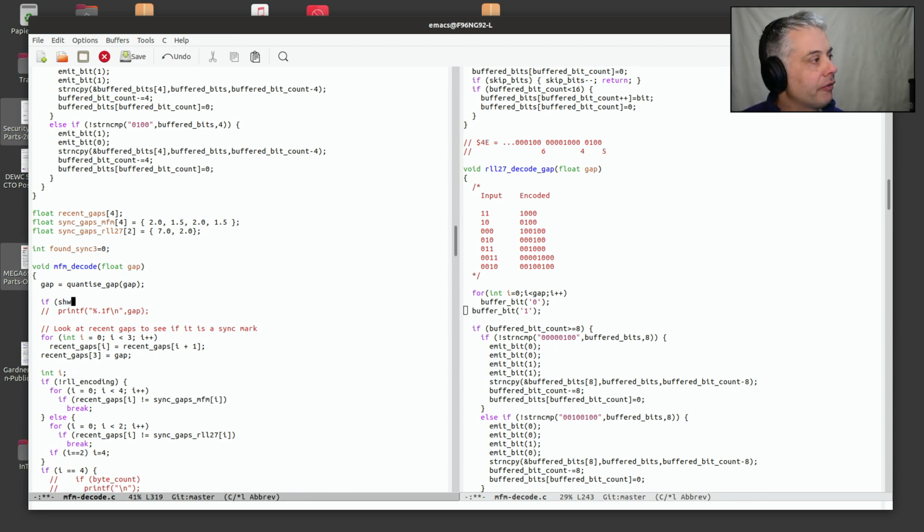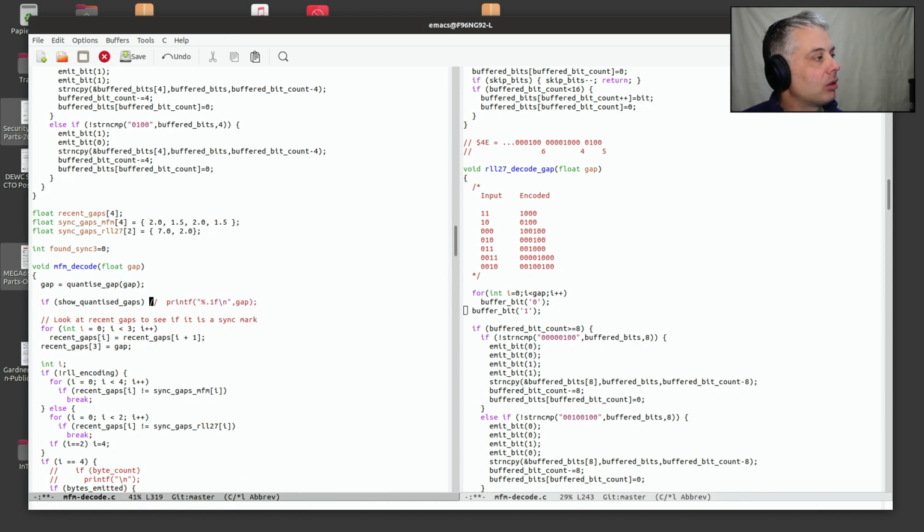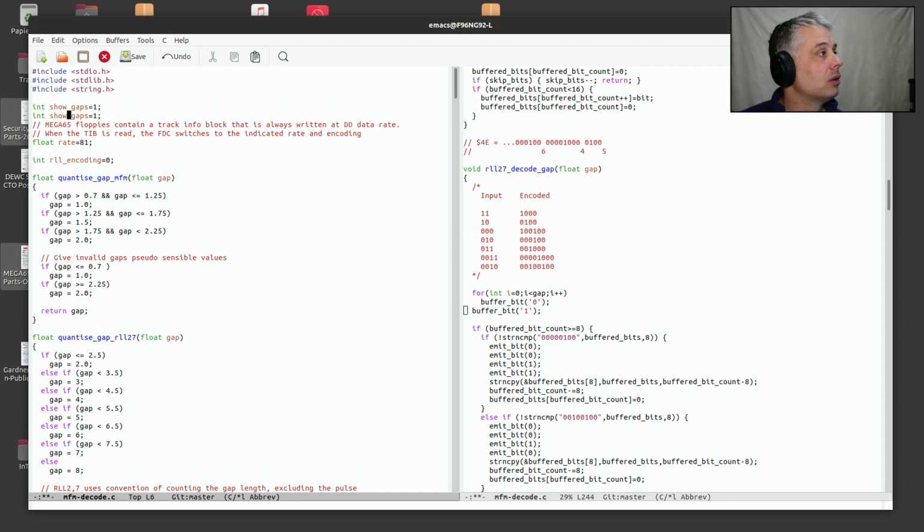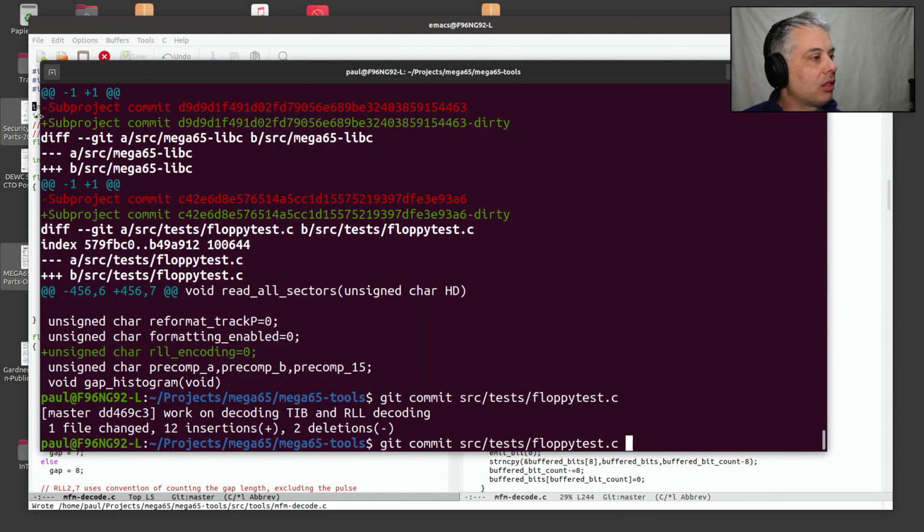Yes, if show quantized gaps, so we're instead going to have a look at what the quantized gaps come out as.